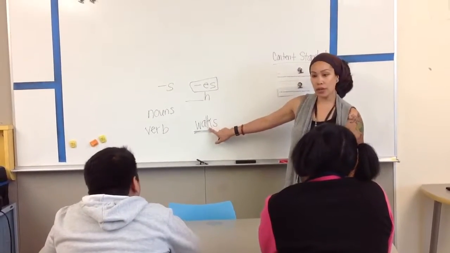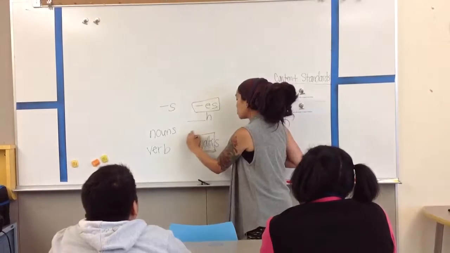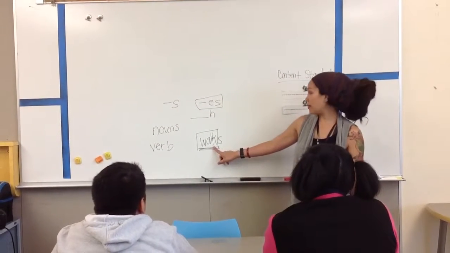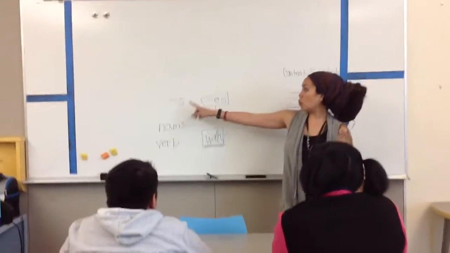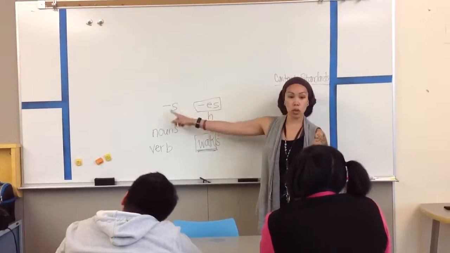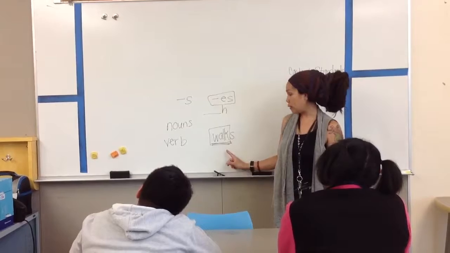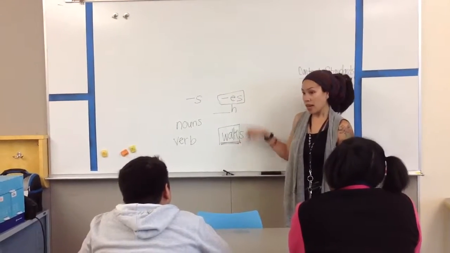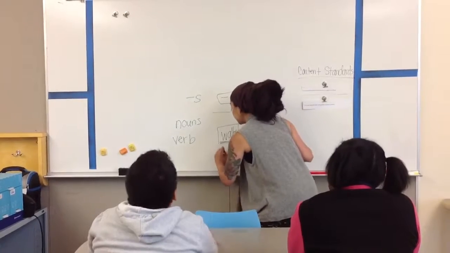What's the last letter in this base word? This is the base word here. The last letter is K. So based on that rule, which one are we going to add at the end of the base word? S, just like that.